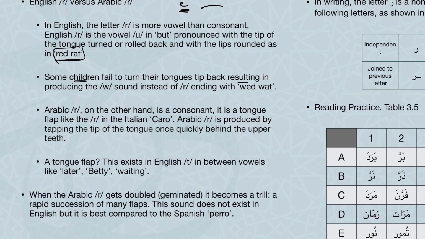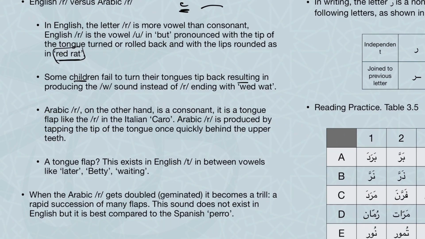Arabic, on the other hand, is a consonant. It's a tongue flap. Now, what do we mean by flap? We said the English one is turned or rolled, but flap is different. Try to say the Spanish perro, and you'd notice that your tongue kind of flaps, like it vibrates or wiggles.